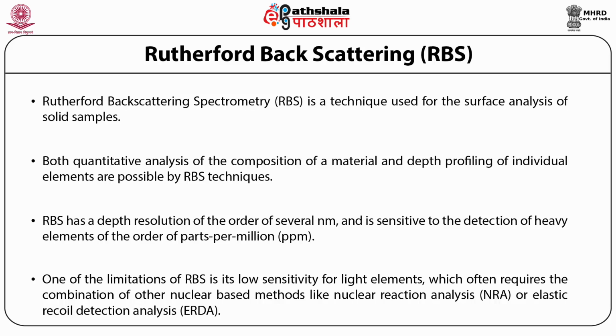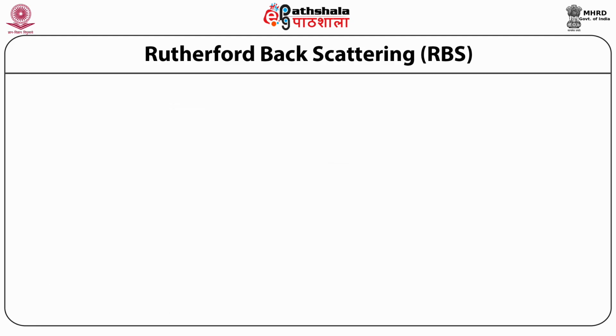The projectile ions used in RBS include photons, helium-4, and lithium ions at backscattering angles of typically 150 to 170 degrees. The underlying principle in RBS is governed by the kinetics of binary collisions.